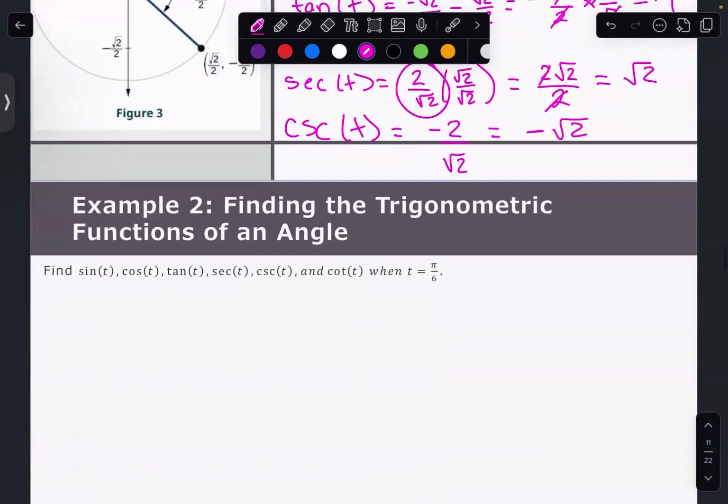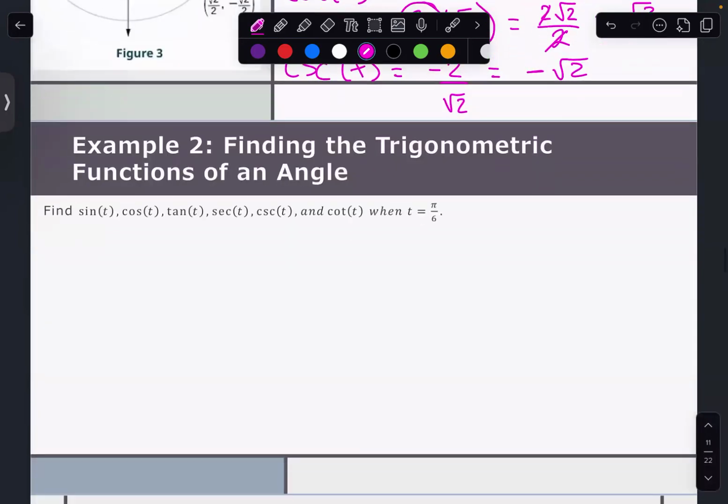Finally, we have an example here where we are given t, which is the angle, and we want to find sine, cosine, tangent, secant, cosecant, and cotangent. So again, you're always welcome to stop and work these problems out on your own before I work them out, or you're welcome to follow along. So first of all, we need to remember, what is pi over 6?